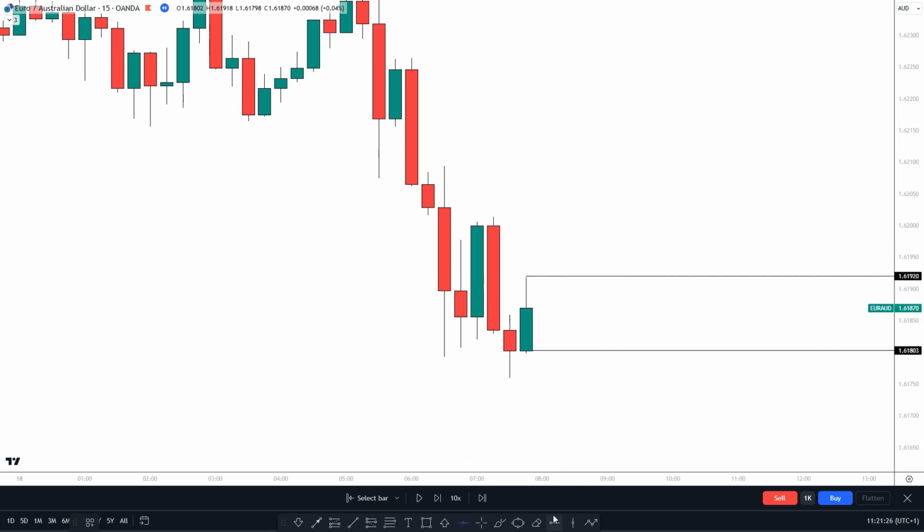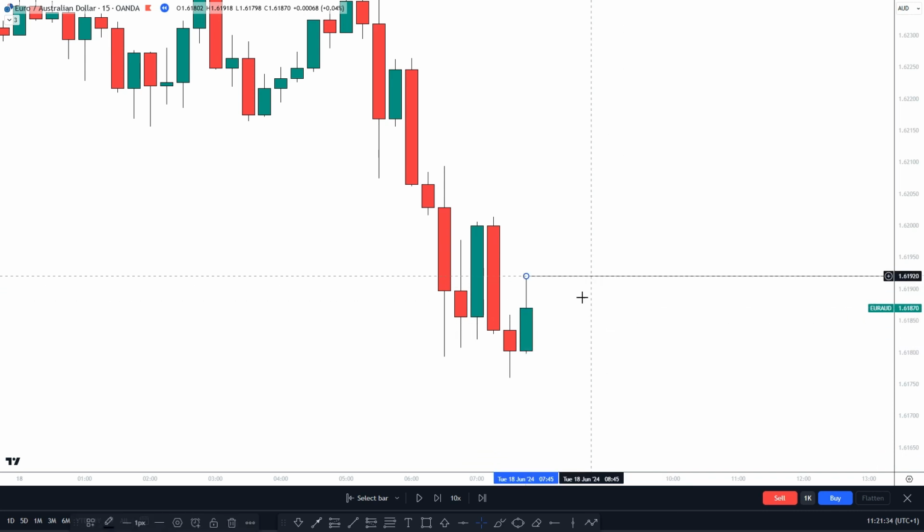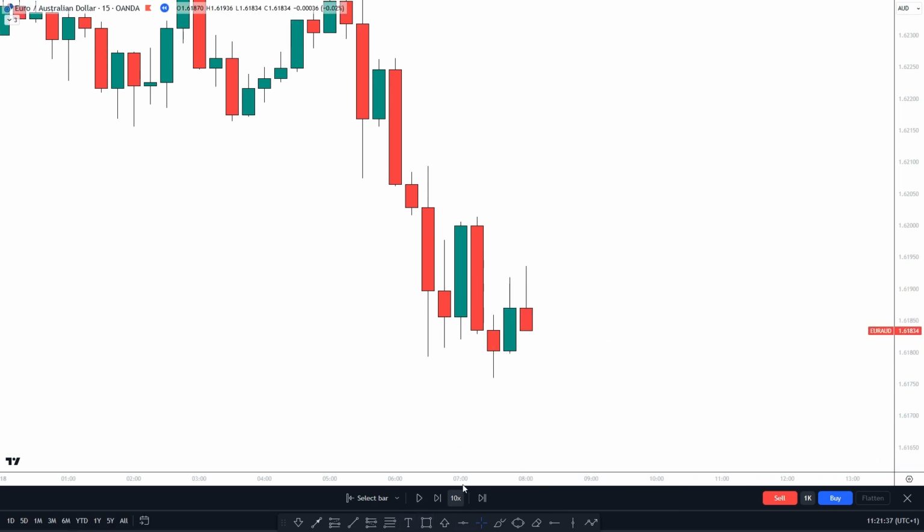So the close of the candle body is here, and the wick is up there. Easy as that.